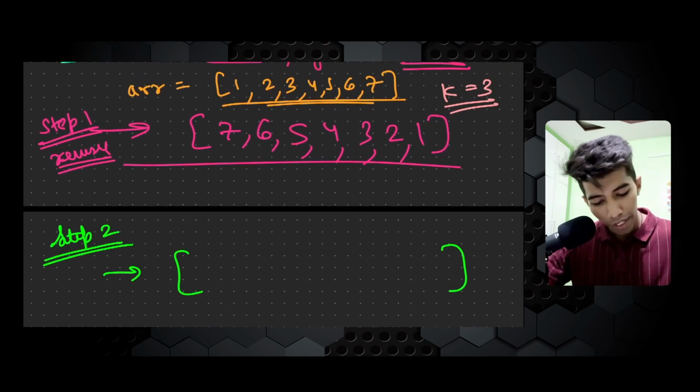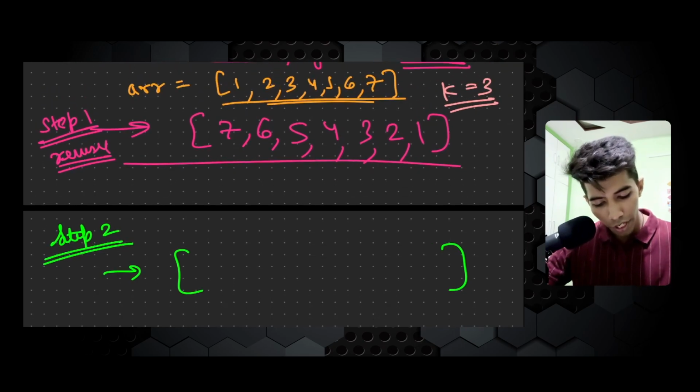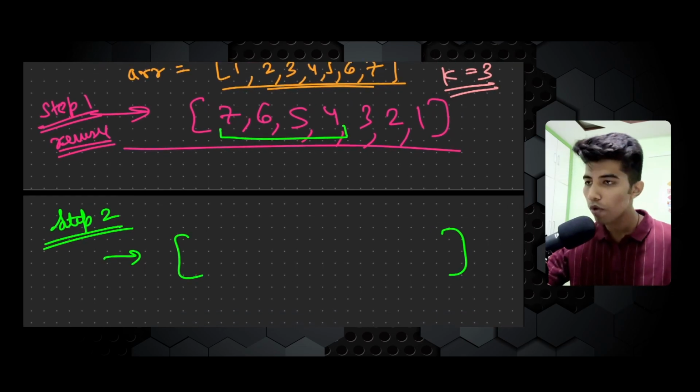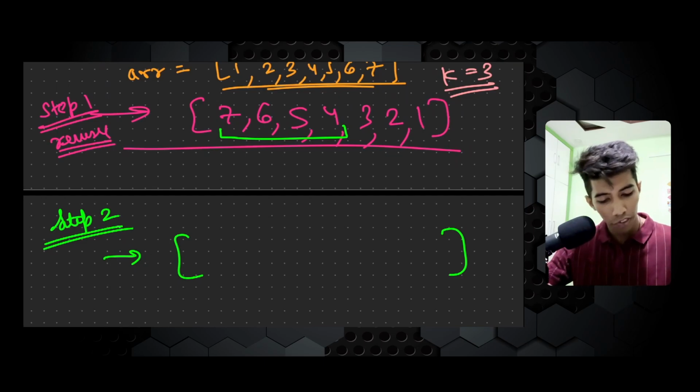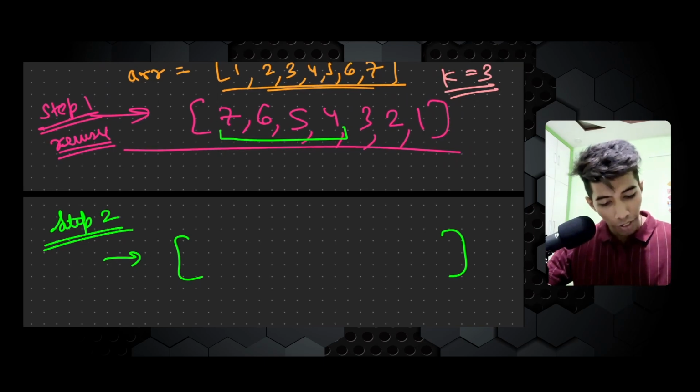Like if my k is 3, I will do the reversal till there. From here to here, what I am having is 4 5 6 and 7. So till 3 I have to do. So my k value is 3.